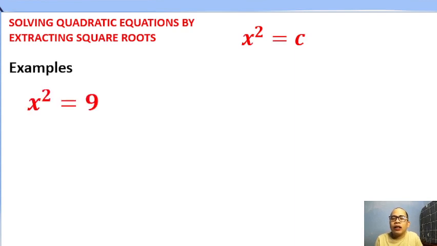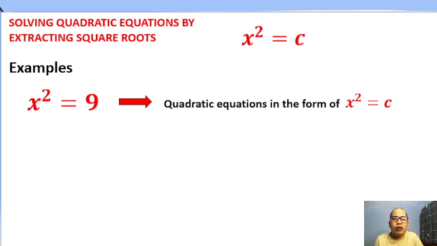Example, x squared equals 9. Tandaan, dapat ang ating equation, if we're going to solve a quadratic equation by extracting the square root, dapat naka-form of x squared equal to c. So, that is a quadratic equation in the form of x squared equal to c. Now, paano po natin isosolve or ifo-find yung roots nito or yung value of x?